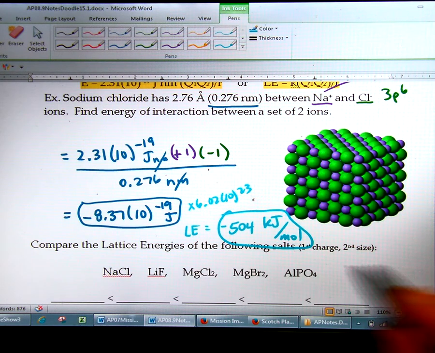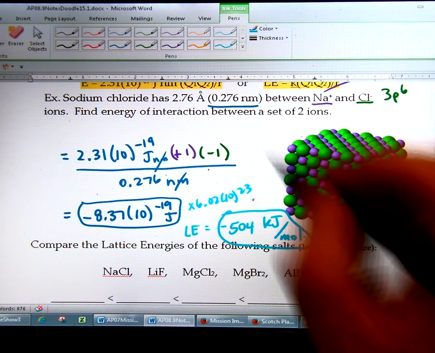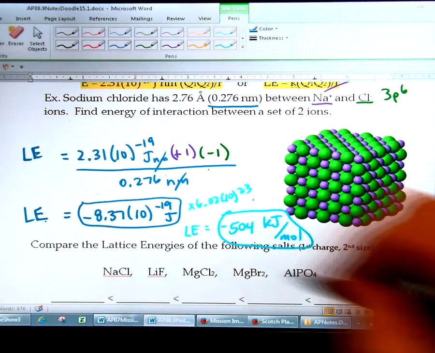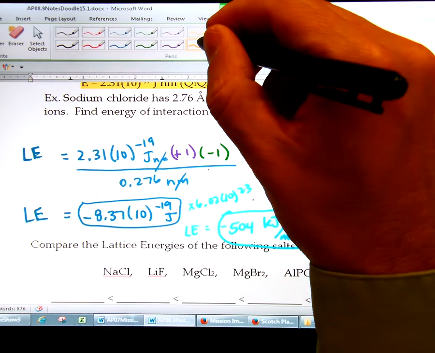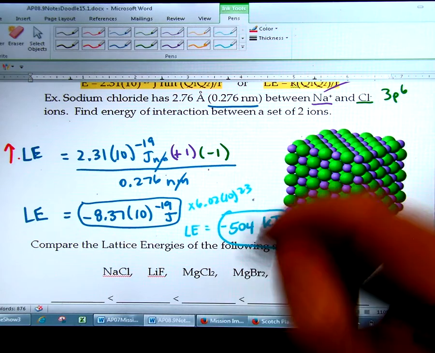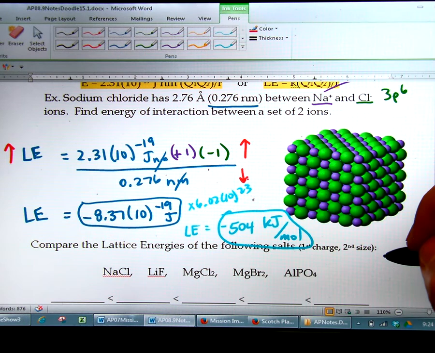Now this is how to get a specific number, but let's suppose you just had to compare two lattice energies of different ionic compounds. Well, if you look at the formula, you could see that if you want to have a high lattice energy, meaning releasing lots of energy, you'd want to have either a big numerator or a small denominator.